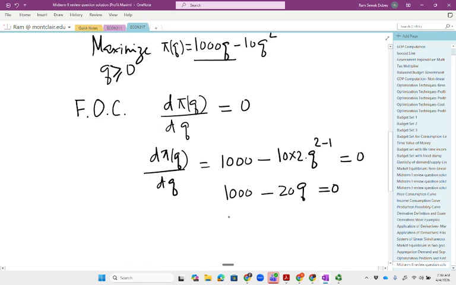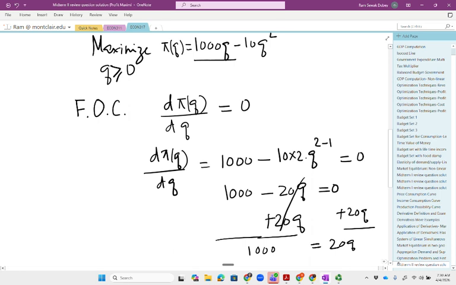And so this is one equation, one unknown we can solve. So I'll move this minus 20Q to the other side, which means I will add 20Q to both sides of the equal sign. What I obtain on the left is only 1000. On the right, 0 plus 20Q is 20Q.